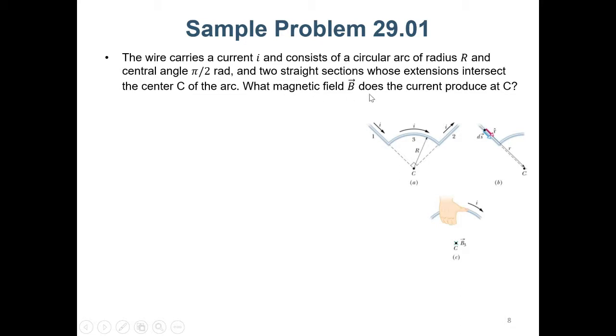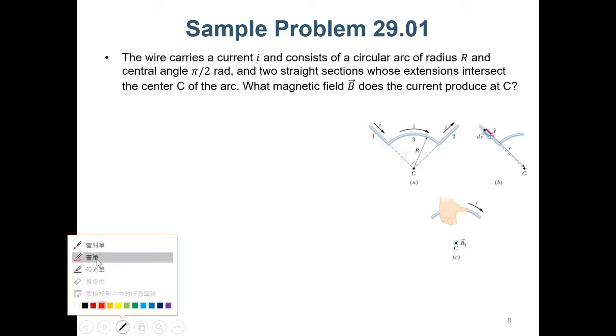What magnetic field B does the current produce at point C? Of course, this one will generate a magnetic field, as will this one and this one. Of course, this is not difficult at all.